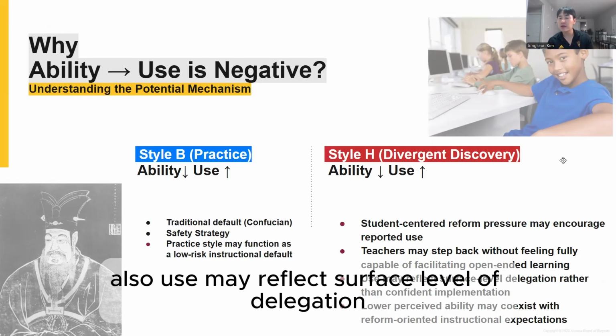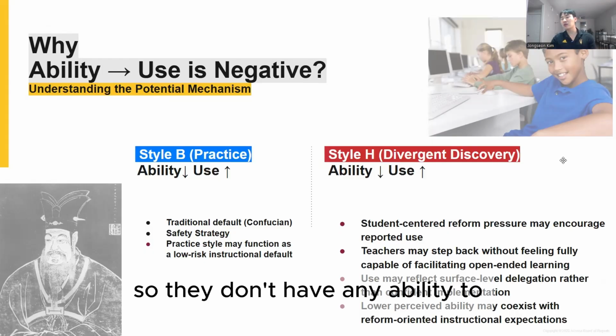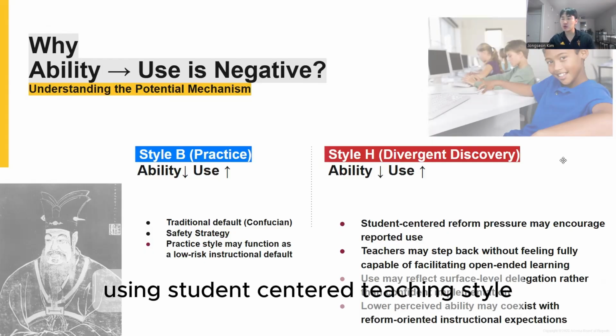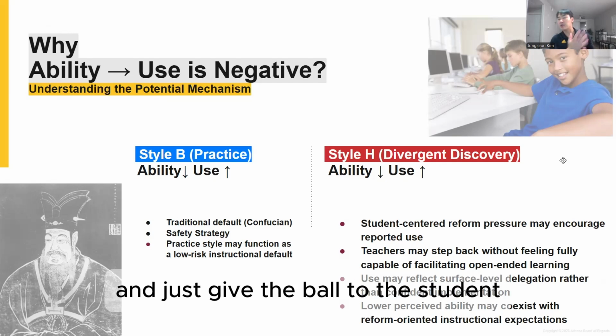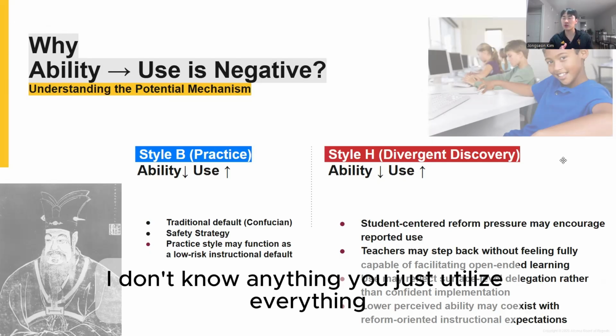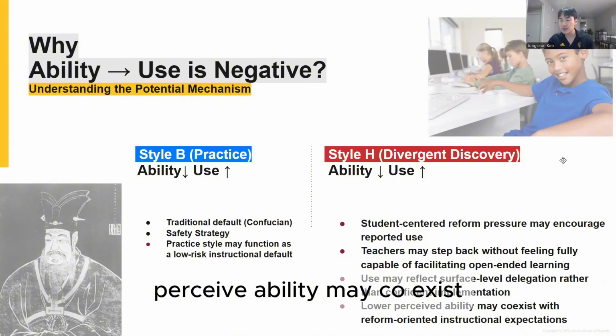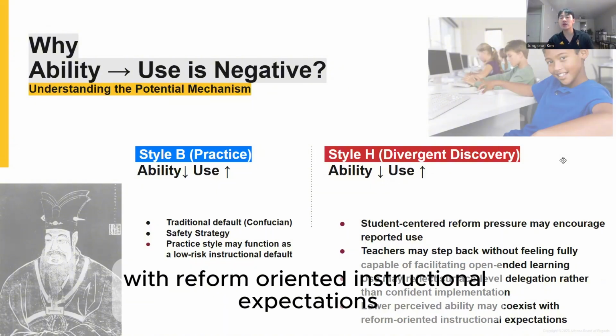Also, use may reflect surface-level delegation rather than confident implementation. So they don't have the ability to use a student-centered teaching style. So they just step back and give the ball to the student. I don't know anything. You just do everything. So lower perceived ability may coexist with reform-oriented instructional expectations.